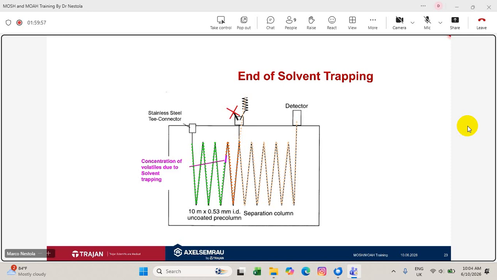And this process only works when you have a perfectly deactivated retention gap. Then we needed to find another supplier. And since then, we are selling our own branded retention gaps. So you did a QC check before selling. Yeah, it should be deactivated.